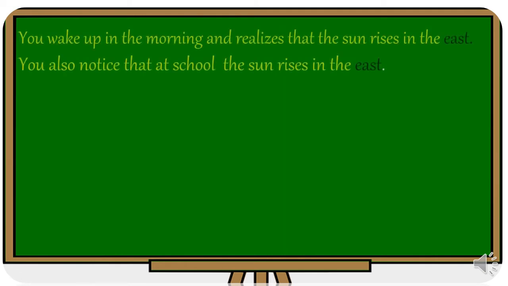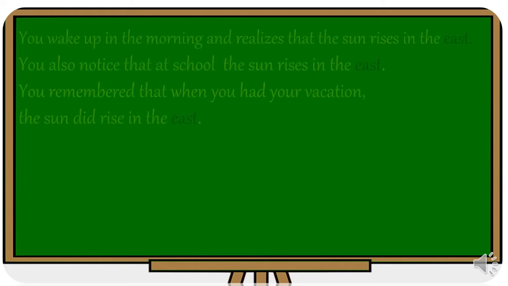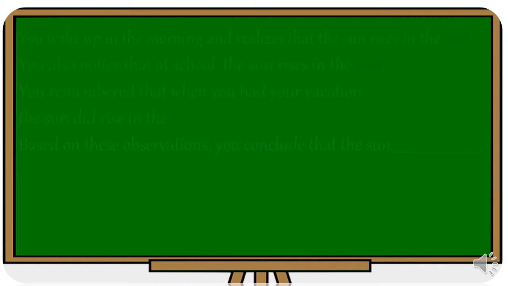You wake up in the morning and realize that the sun rises in the east. You also notice that at school, the sun rises in the east. You remembered that when you had your vacation, the sun did rise in the east.